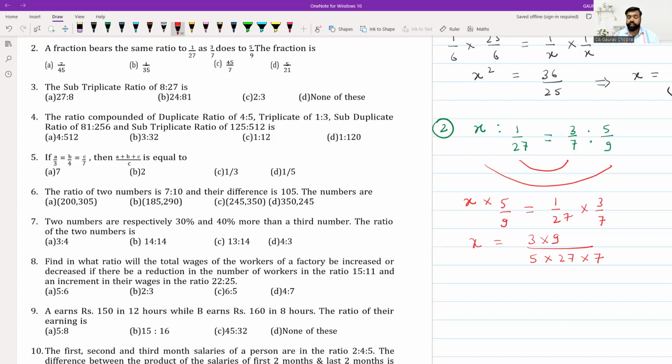Let's have some cancellation. 3 into 9 is 27 and here also 27. So x is equal to 1 by 35. So 1 by 35 is option number B. So option B is correct.